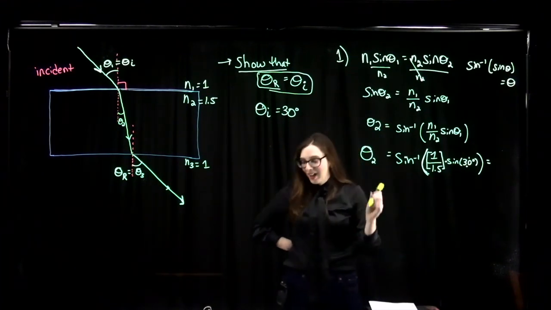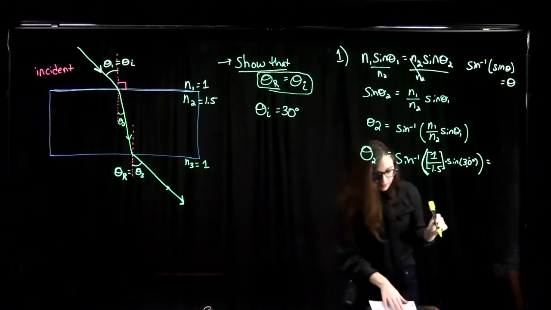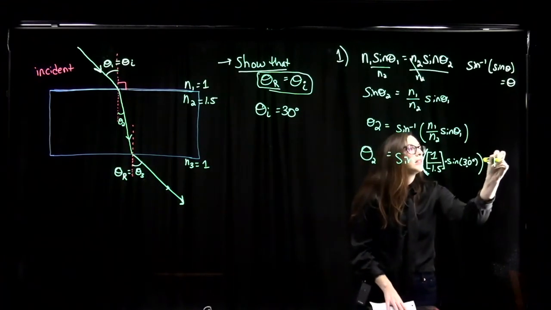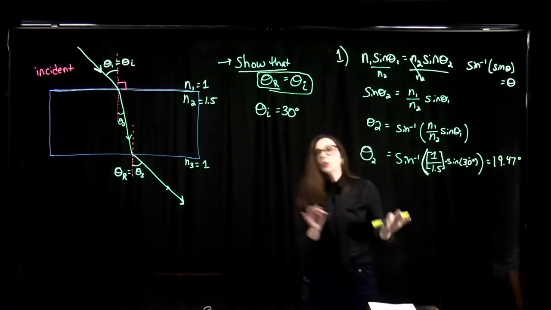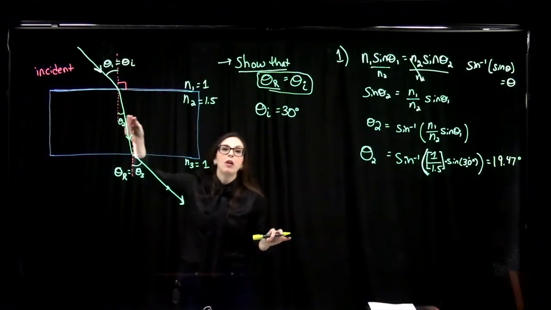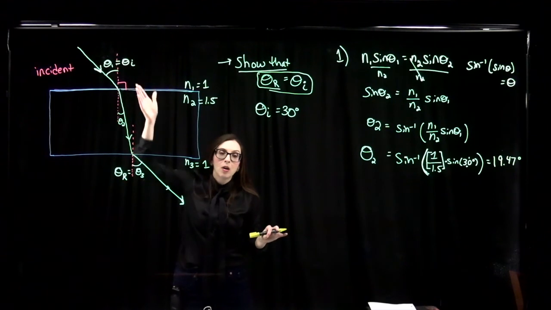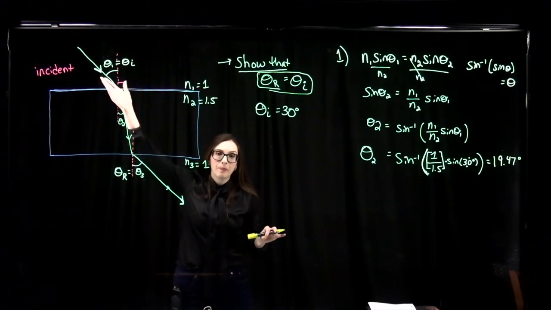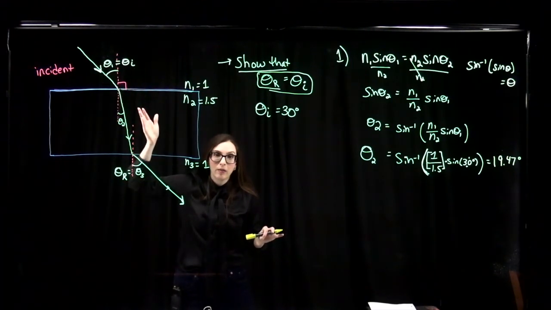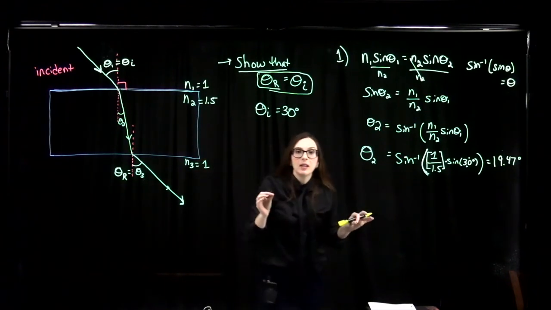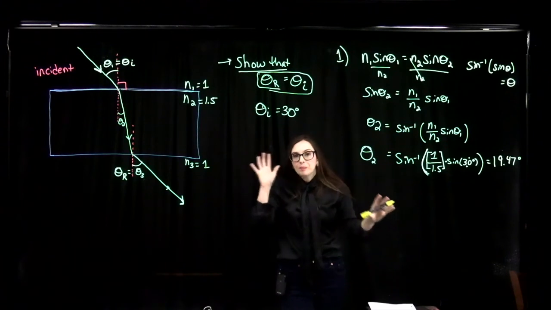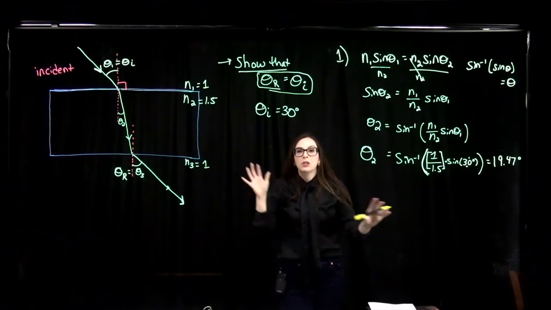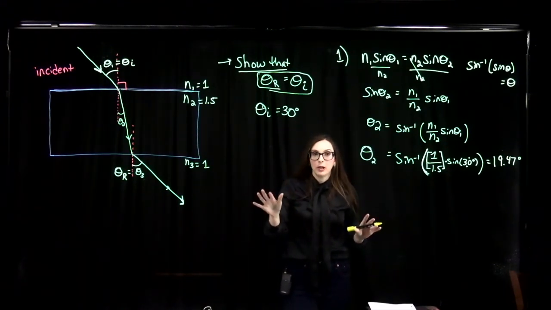You find that the angle theta 2 is 19.47 degrees. All right, so that is my angle of refraction when my light passes from air into glass. Does that make sense? We just went through all that trouble earlier thinking about the angle of refraction versus whether your index of refraction is larger or smaller.